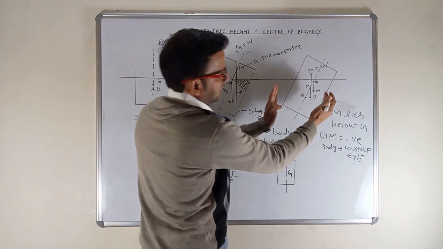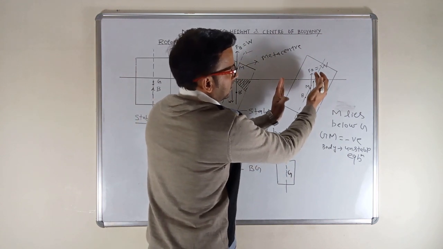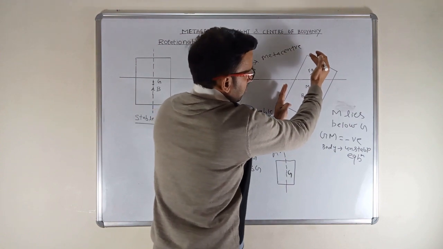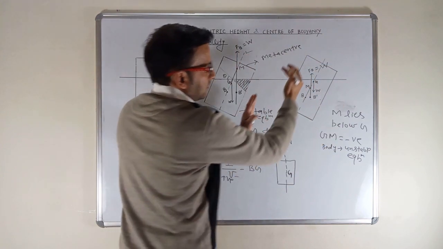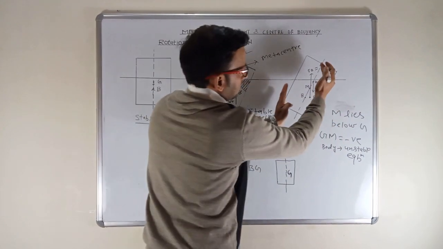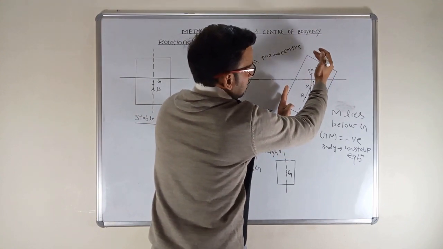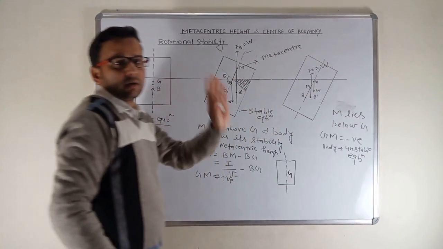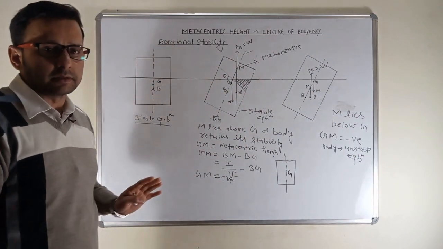So in such a scenario, these two forces will try to bring the body further in the clockwise direction. And if this couple acts in the clockwise direction, the body will sink into the water or fluid, whatever it is.